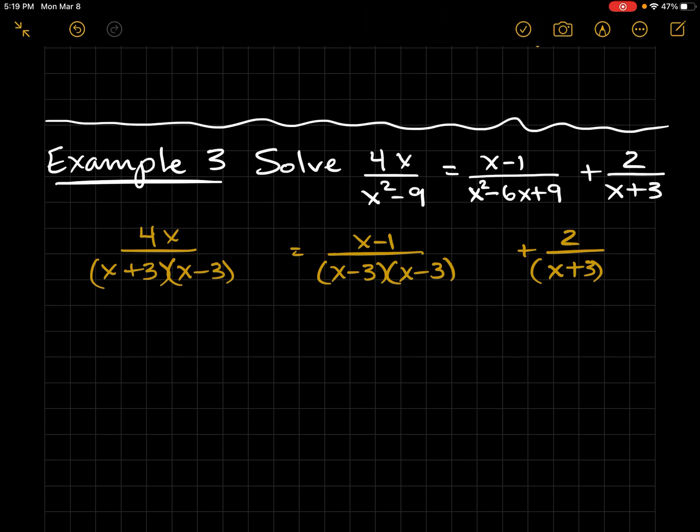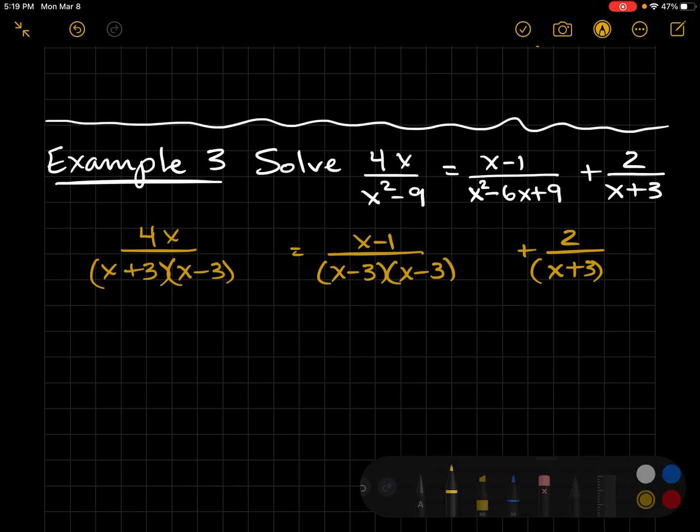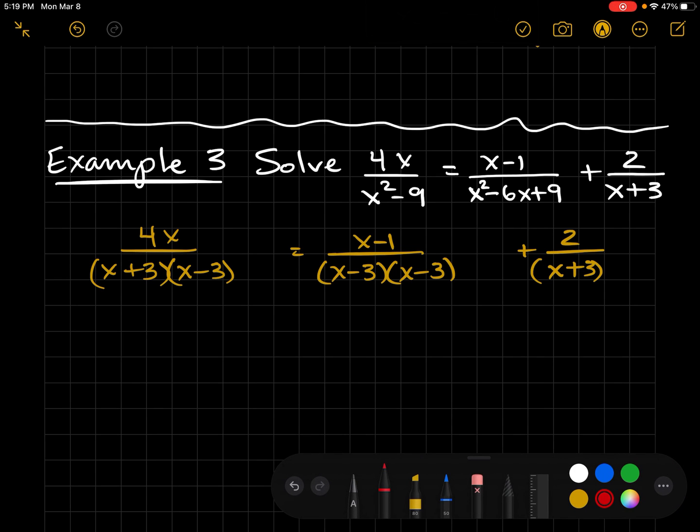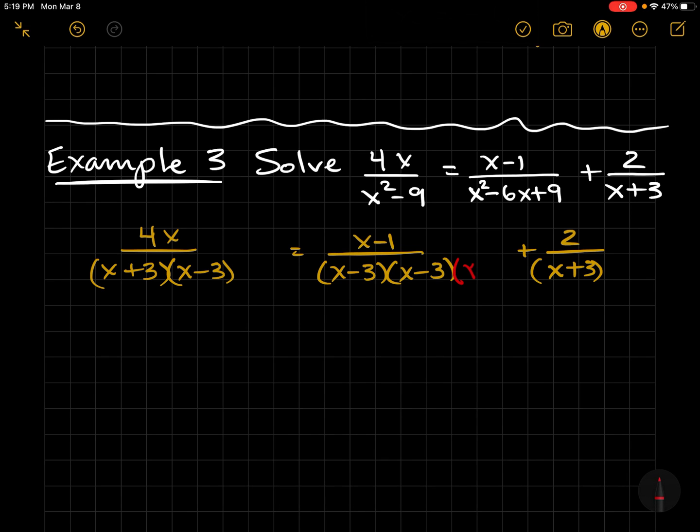So let's see. We have x minus 3 twice. So we're going to have to be very careful here. And I'm going to change colors just to make sure you can see. We're going to need 2 x minus 3's and an x plus 3. That's the only way to get every denominator to have the same thing.